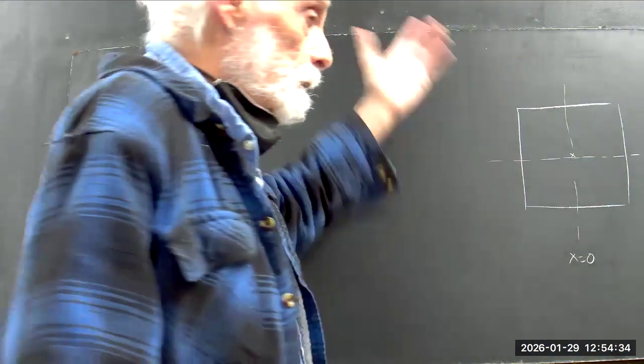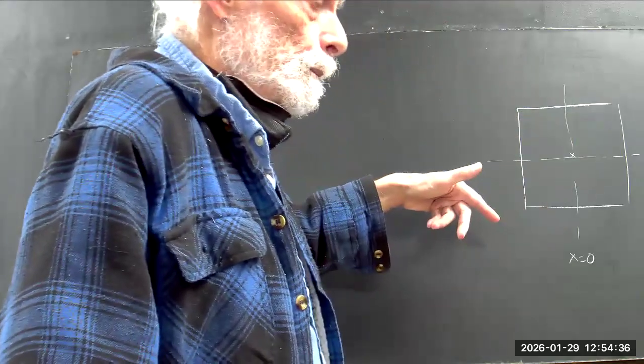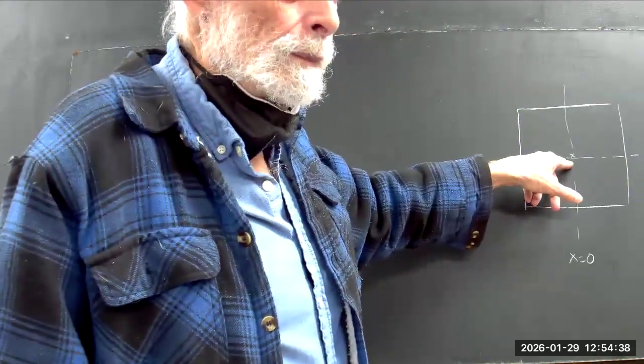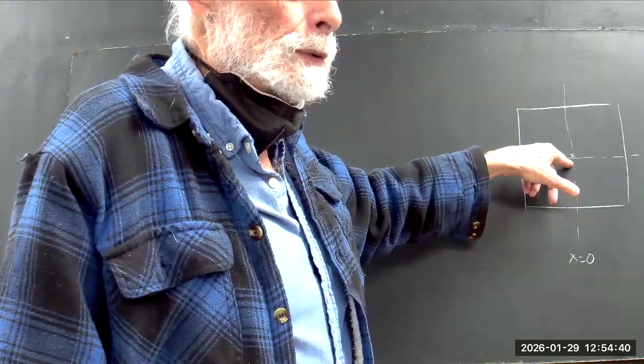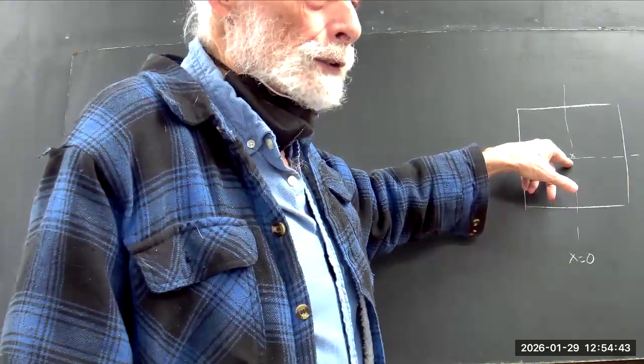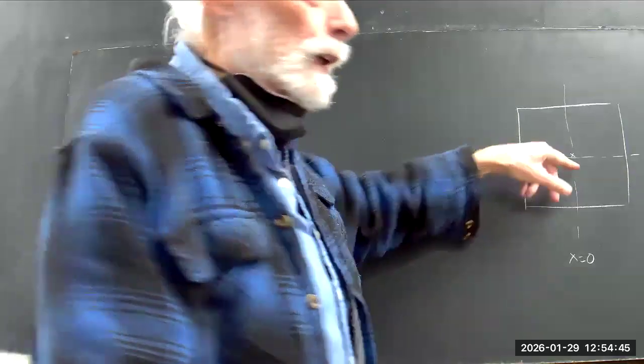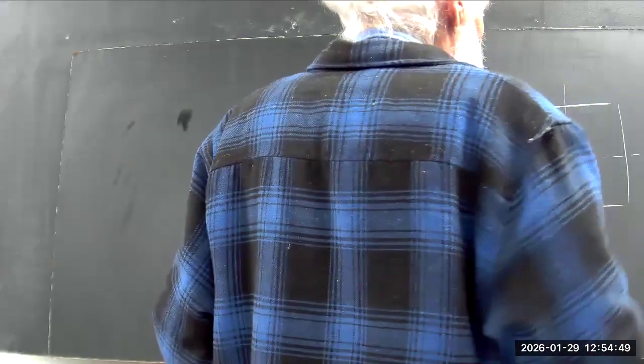But here we've got a window with the origin at the center. The origin is a point where x equals 0 and y equals 0, as I assume you know because you've seen coordinate axes before. So this is your x-axis, and this is your y-axis. We got a point up here.